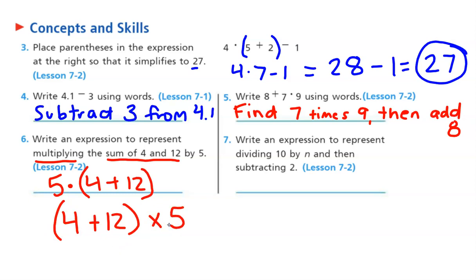And then number 7, write an expression to represent dividing 10 by n and then subtracting 2. So the "and then" makes me think that I need parentheses of some kind. And then the next part that I would do was subtract 2. So I just have to figure out what I would do first. And it says divide 10 by n. So I'm going to take 10 and I'm going to divide it by n. So something like that would work great. Okay, moving right along.